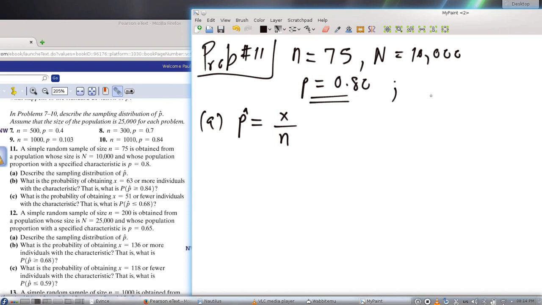So we can also find the probability of failure, which is the proportion that we are not interested in, which is the complement to the proportion that we are interested in. So basically what I'm trying to say here is that if we know p, we can find q, because q is basically 1 minus p. So in this case here you have 1 minus 0.8, which gives us 0.2.